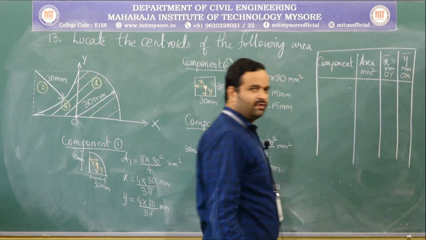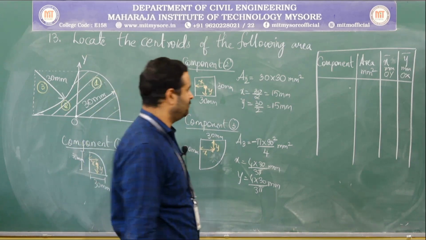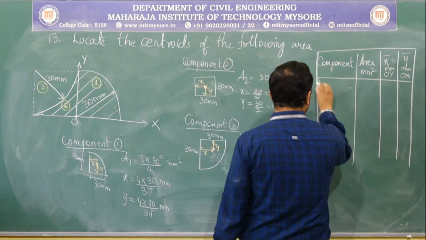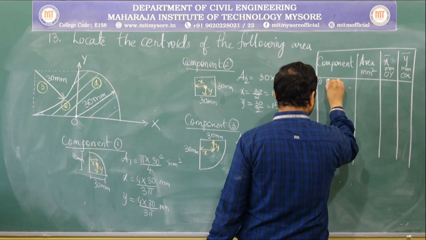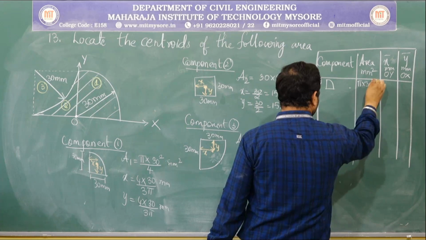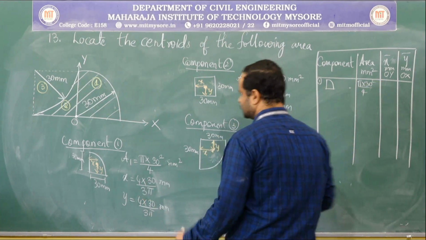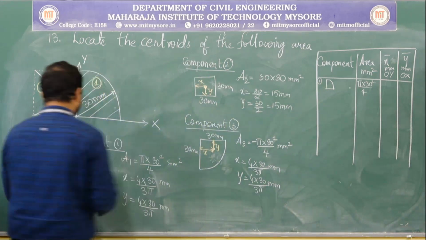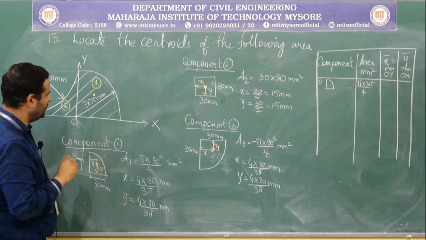X bar from OY, Y bar from OX, area in mm square and units of X bar and Y bar in mm. So, component 1 is a quadrant, area is pi into 30 square by 4 mm square, and its x component with respect to the given axis, that is, we know it has to be located at some point.